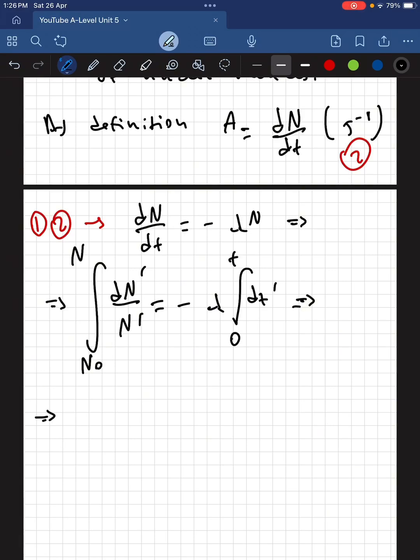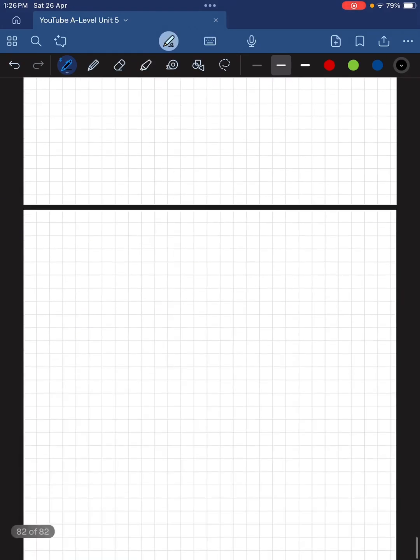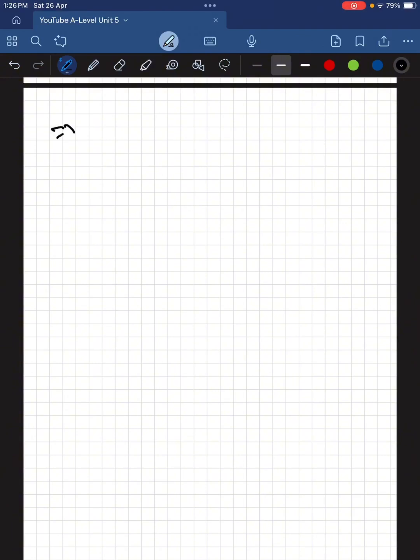So if I integrate dN prime over N prime, I get the ln of N prime from N naught to N equal to minus lambda t prime from 0 to t. So ln of N minus ln of N naught is minus lambda t. And using log identities, I can bring this into the form ln of N over N naught equal to minus lambda t.